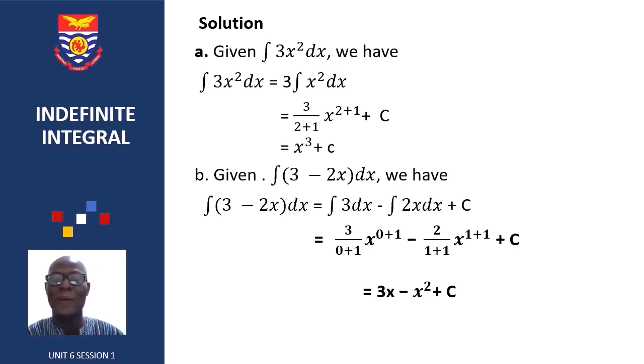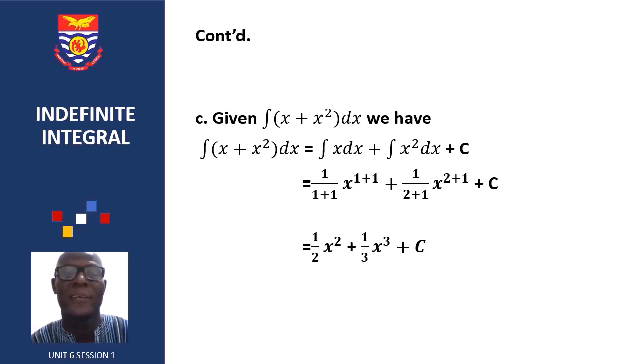Again, we factor the 2 out, then we have 2, the integral x dx, then plus c. Now, if we integrate dx, it gives x. If we integrate x, it gives x squared over 2, multiplying by the coefficient 2, and that gives 3x minus x squared plus c as the answer.